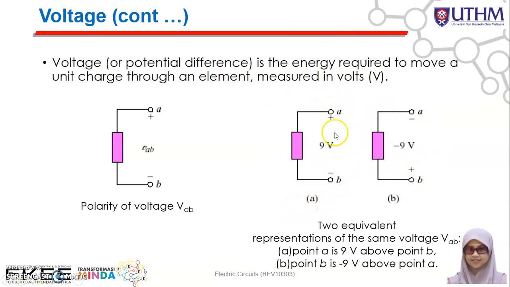The voltage across the element is also 9 volt. It's not that here is positive and here is negative, because here you have negative and positive. That's why the potential voltage across here is equivalent to this side, right? So point A is 9 volt above point B, and from here point B is negative 9 volt relative to point A. This is why they are equivalent to each other, right?